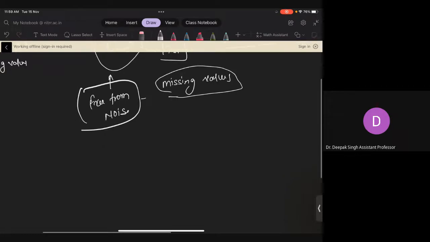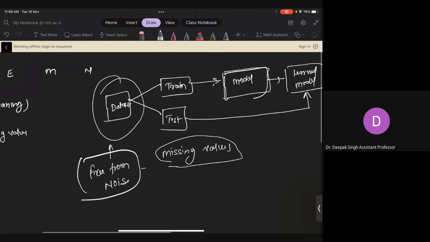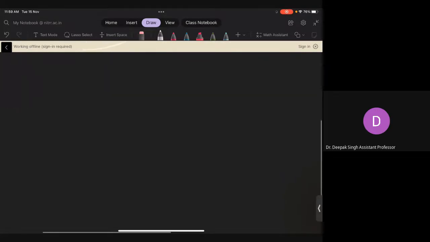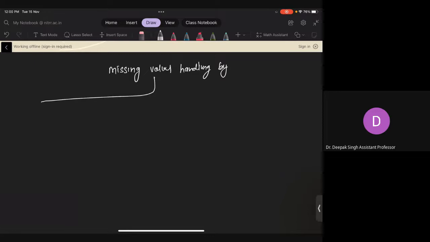In these solutions, obviously, I expect that I have a very layman model which is not smart enough to handle the noisy data. So I need some measures which can handle that noise. For that, we have missing values handling by two approaches.